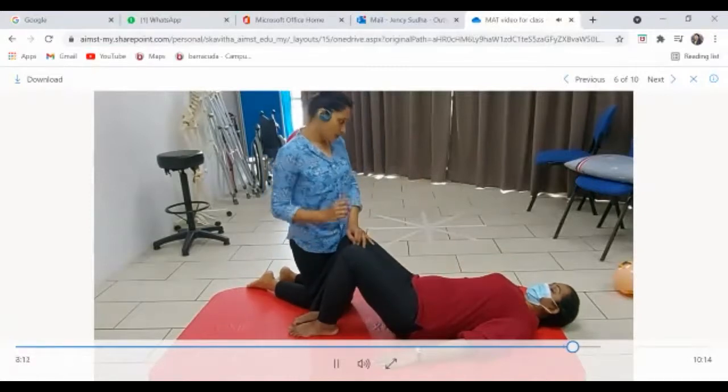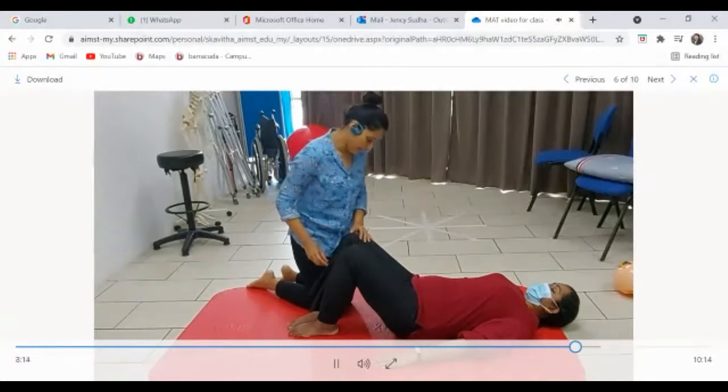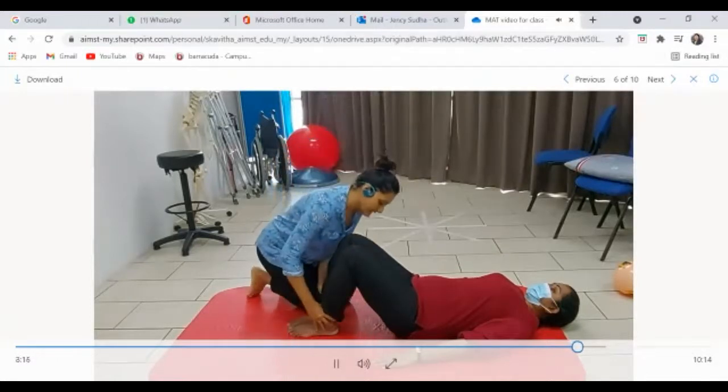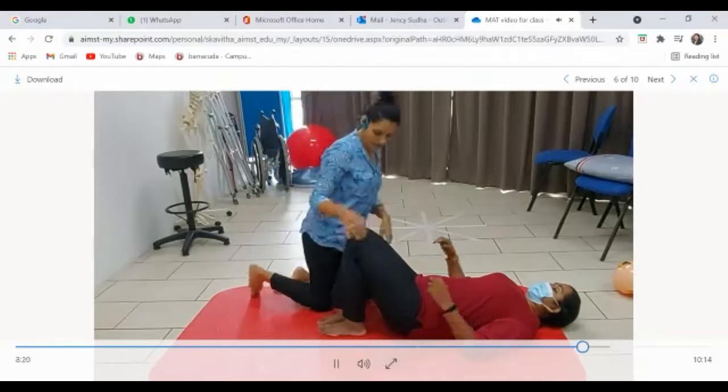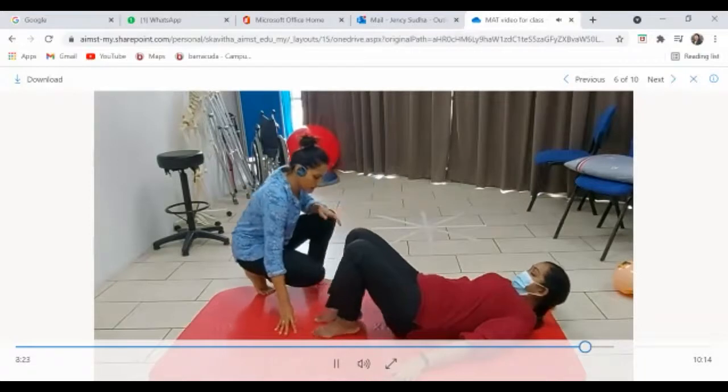Scooting upward. If they want to scoot upward, we keep the leg close. We ask the patient to keep the center of the bed.